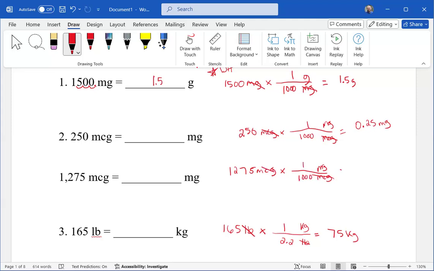And then what I'm going to get is an answer of 1.275 milligrams. As I mentioned before, your tendency will be to round that to 1.3 and give that as an answer, but that's not the rule. Again, what I wrote there, 1.275, that is the answer. Leave it at 1.275.